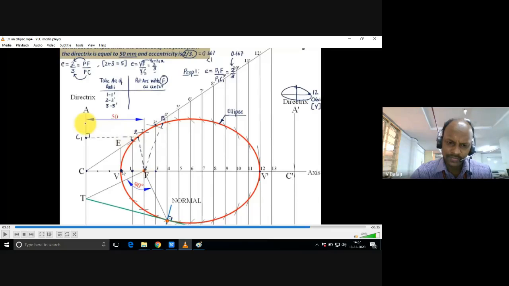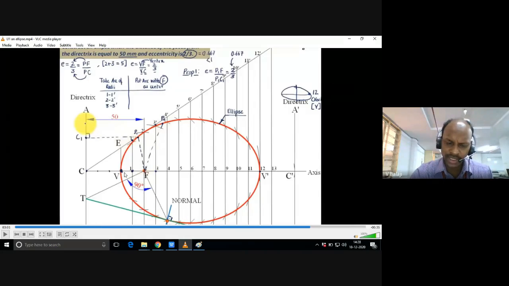What I mean to say is, this vertex point moves from here around the total path of the ellipse. Initially, for example, it is here on the axis. So the ratio, the distance of this vertex from the focus, that is VF, and the distance of the same point to the directrix, that is VC, the ratio VF by VC is always constant.